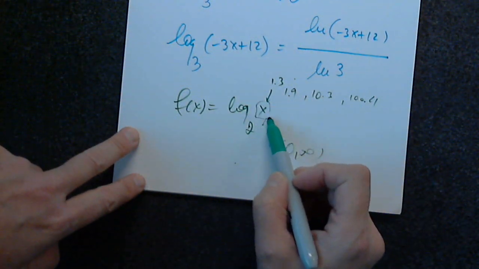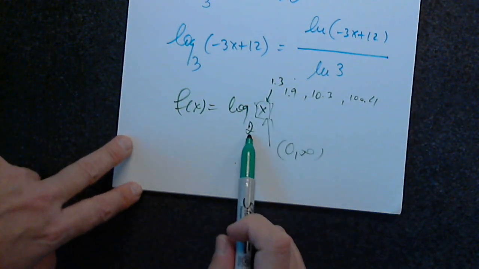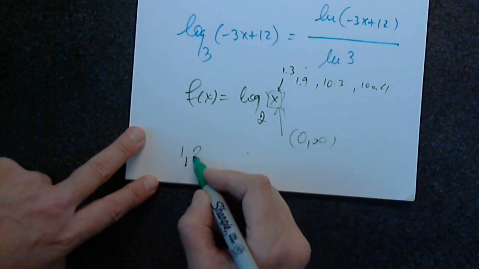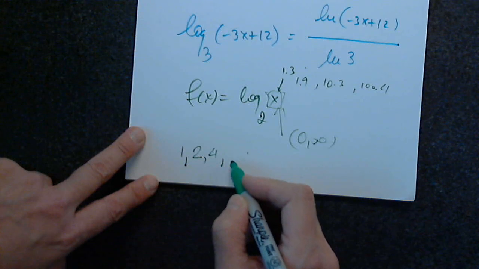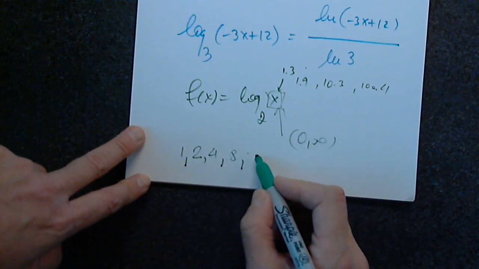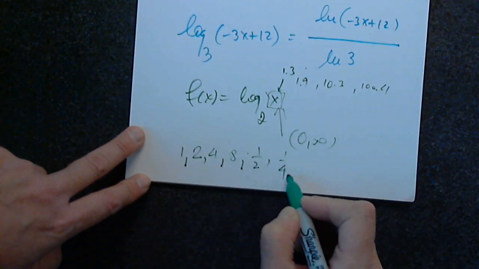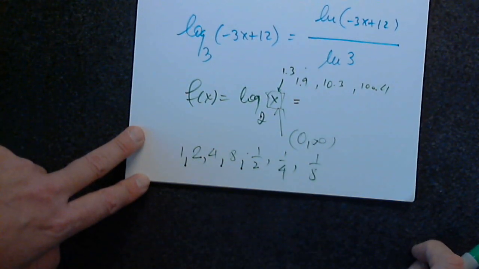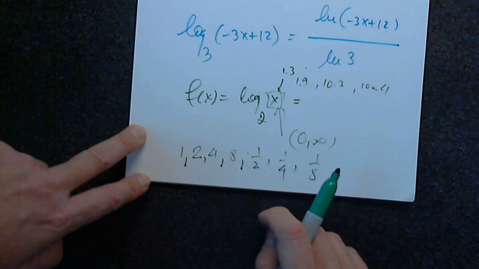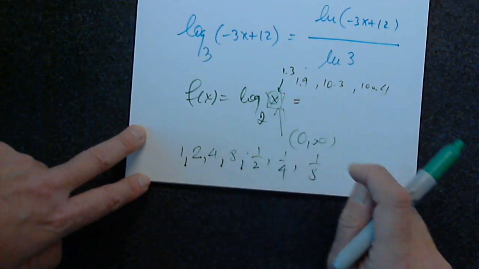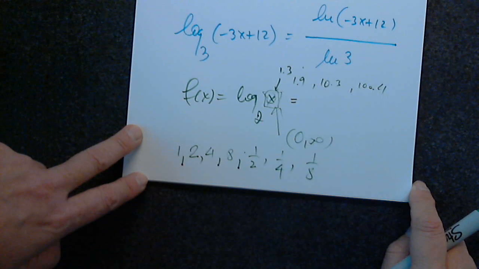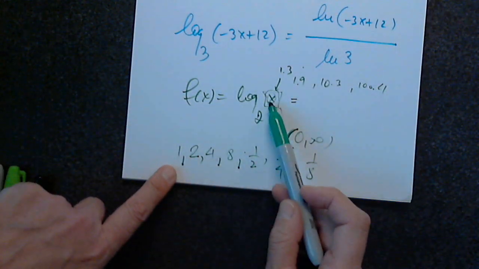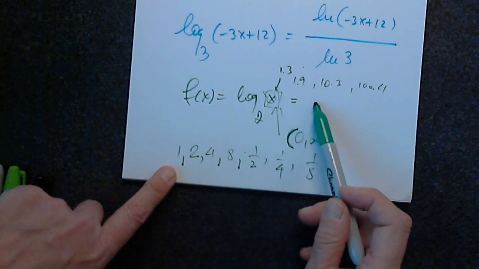So if I choose here any power of 2, like 1, 2, 4, 8, 1/2, 1/4, 1/8, I will get an exact answer. And how about 0? I cannot plug in 0, because it's a parenthesis. Okay, so if I plug in 1, 2 raised to what is 1?